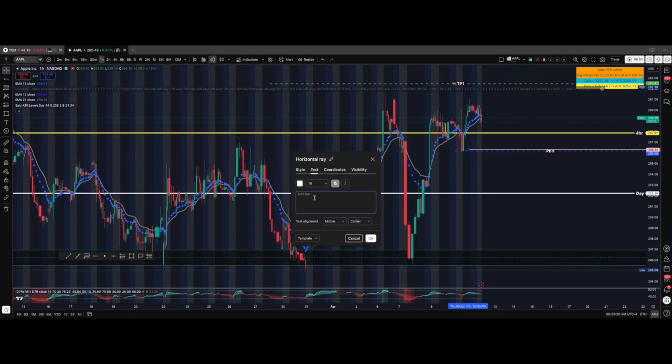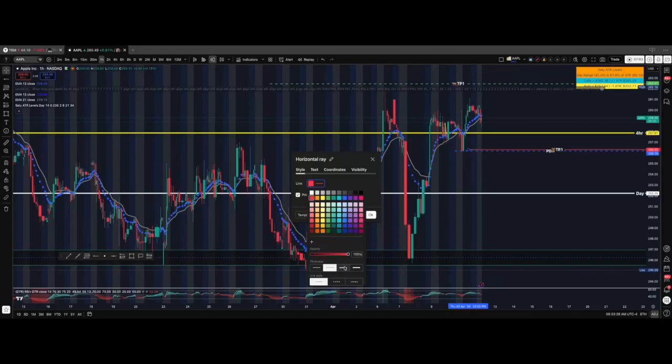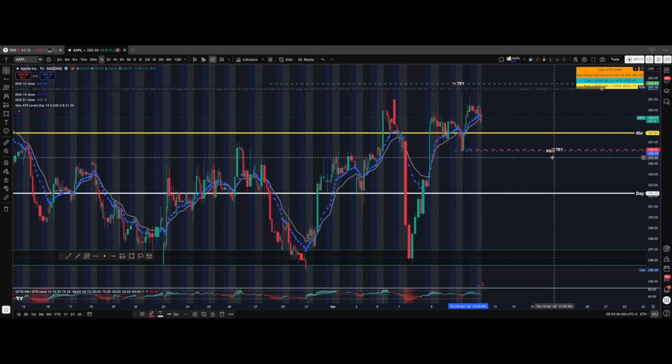And I'm going to fix that line, TP1. Put in my trusty bear, turn that to red, dotted. And then we got TP1 next to that previous day high.